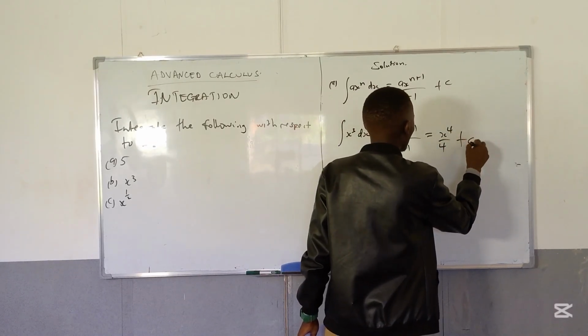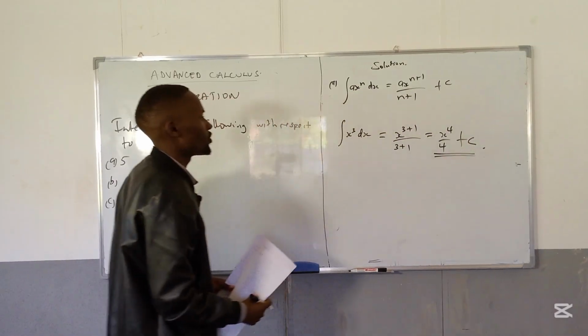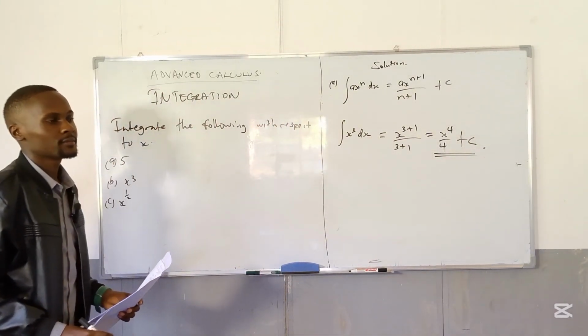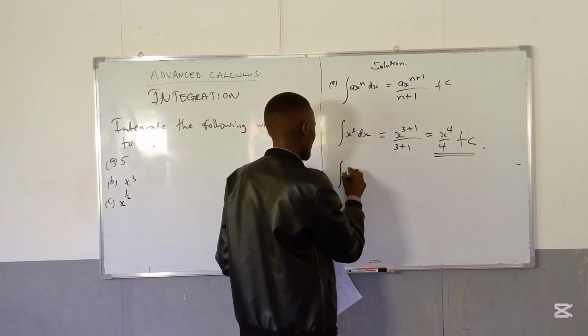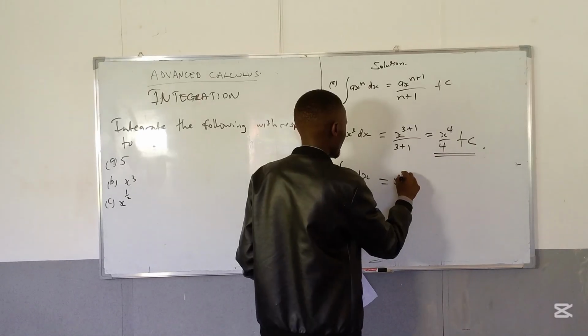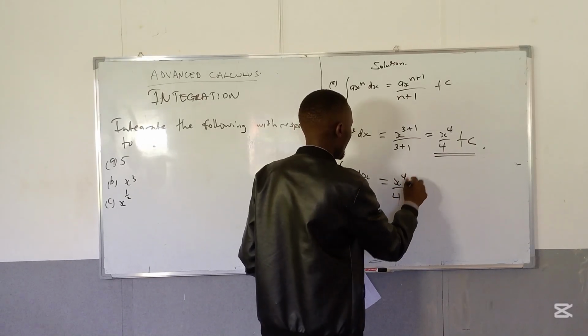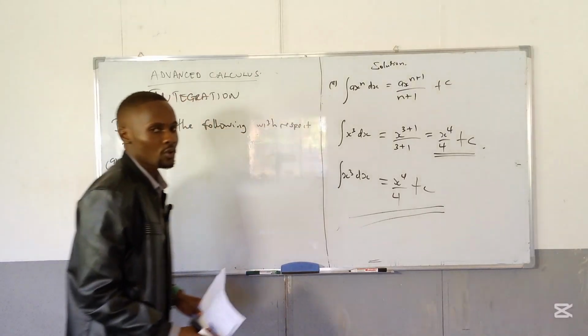Don't forget to include the arbitrary constant. That means the integral of x cubed with respect to x equals x power 4 over 4 plus the arbitrary constant.